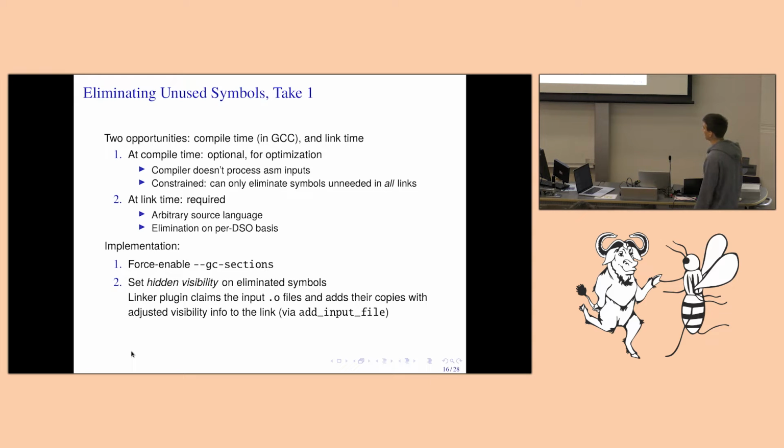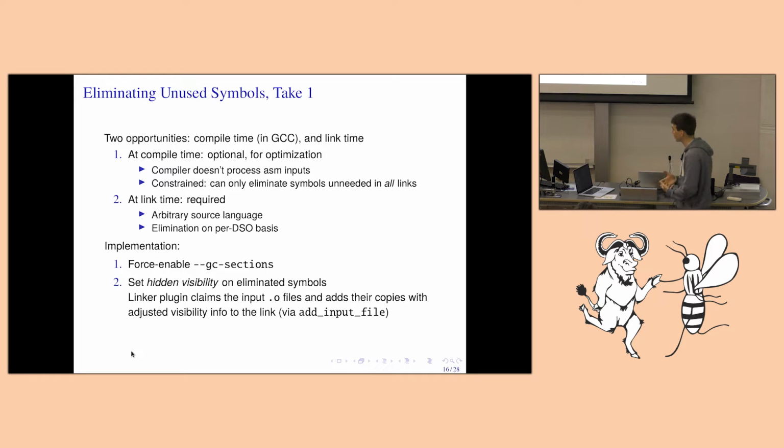So if anyone requires it, then we have to keep it. And at link time, this step is required for consistency. Source language doesn't matter, and elimination happens on a per dynamic module basis.